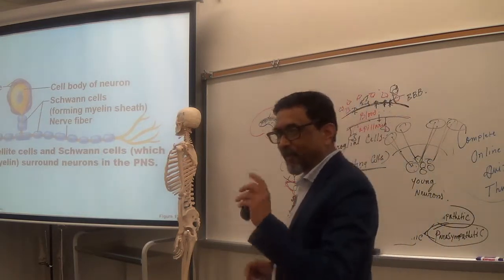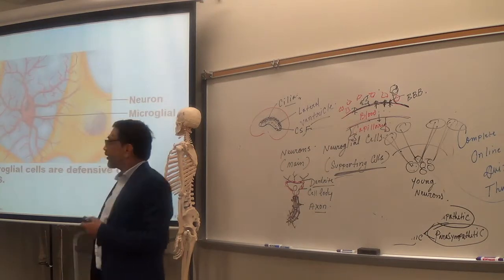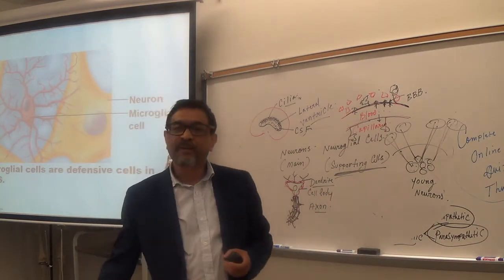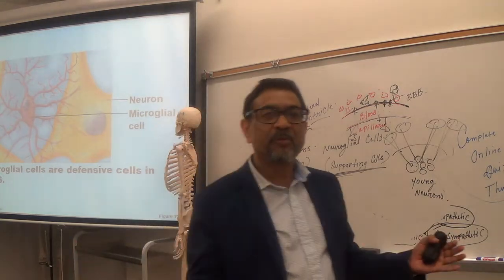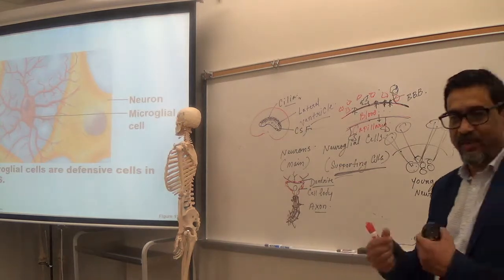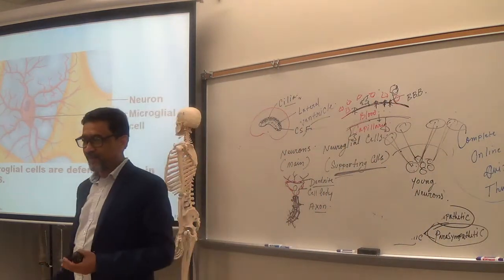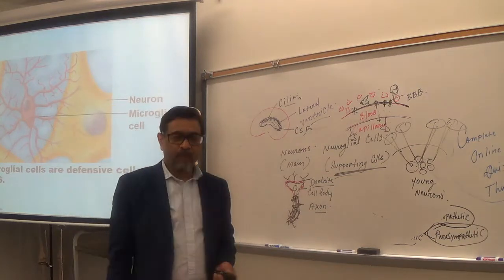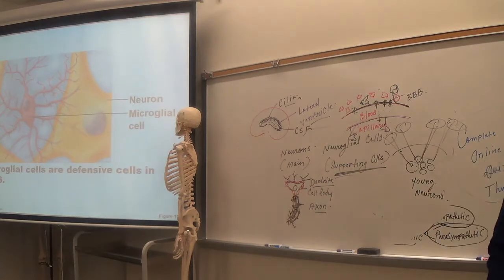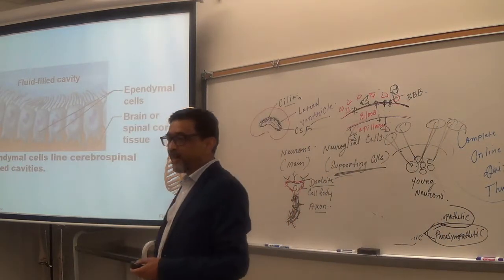Is it clear? Okay. Then we talked about microglia. Microglia are what kind of cells? Phagocytic. That means they can engulf, right? The microorganisms and dead, injured cells. So protecting the brain, defensive function. Ependymal cells are found where?